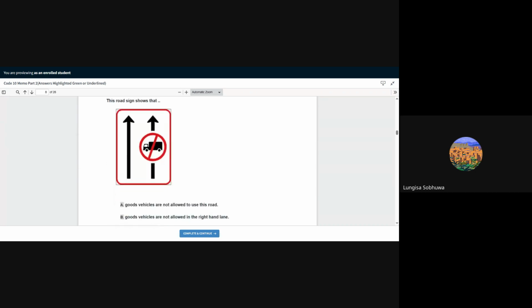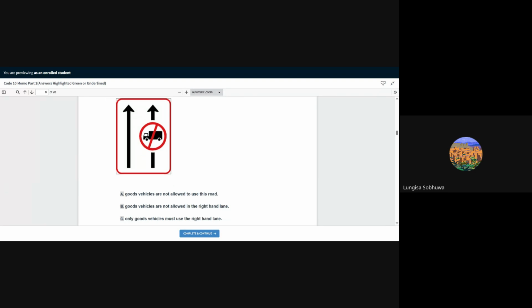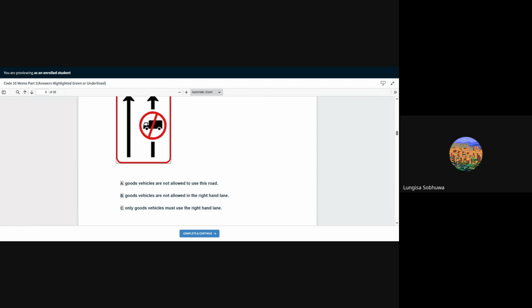Let's continue. This road sign shows that goods vehicles are not allowed to use this road. B, goods vehicles are not allowed in the right-hand lane. C, only goods vehicles must use the right lane.